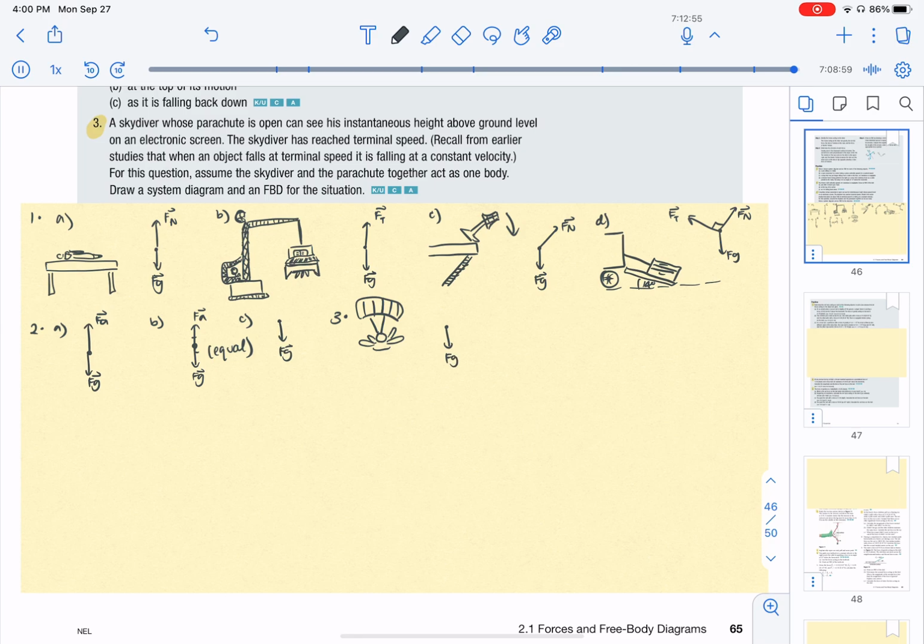What does it take? 320? I got 319.8. I got negative 9.8 meters a second squared. Shouldn't be.